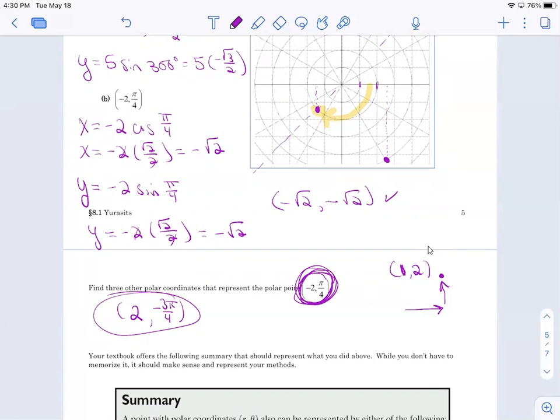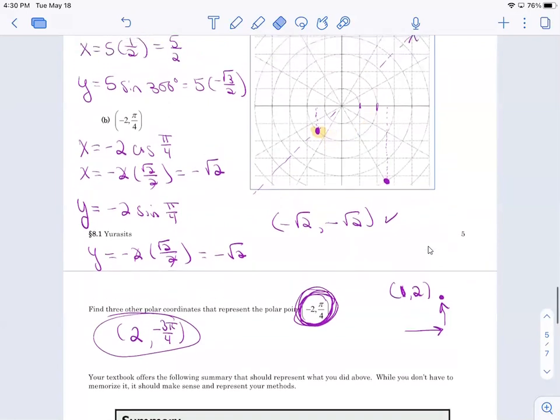So in this problem, it says find 3 other ones. Another one I could do is go around the circle 1 time, or 5, whatever you'd like, and go that additional angle.